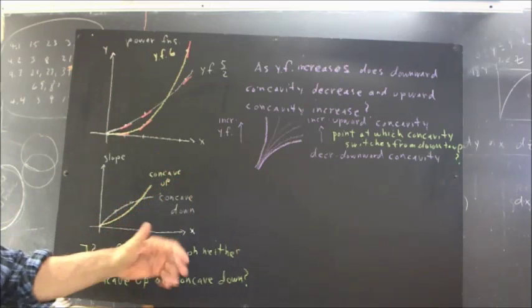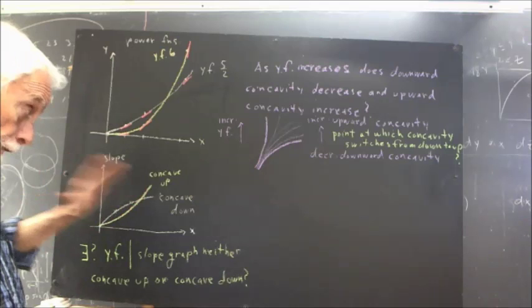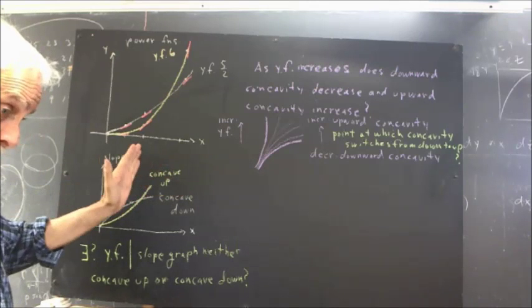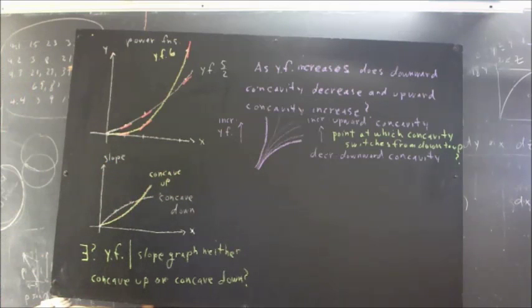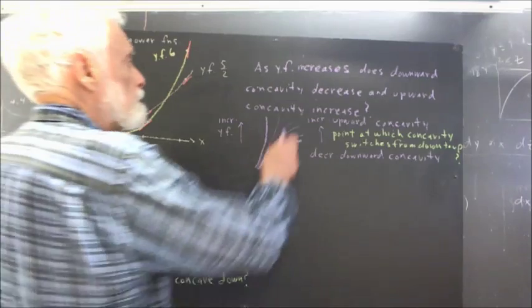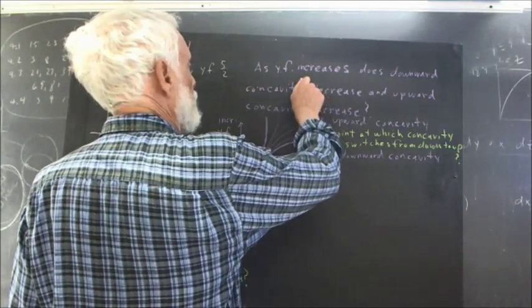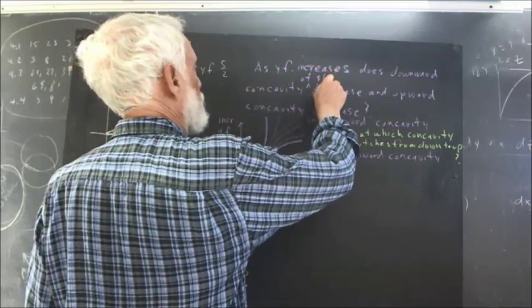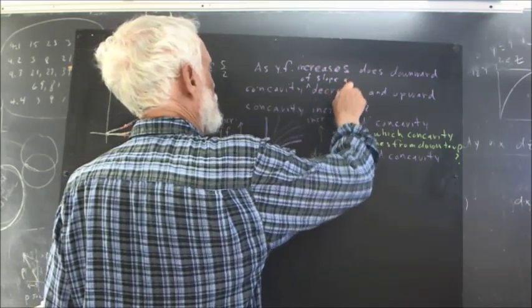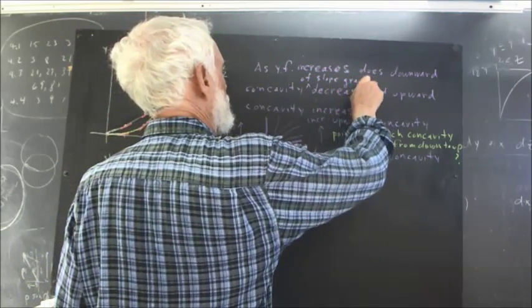Would the slope graph be right at the transition between downward concavity and upward concavity? I need to modify this, of the slope graph.